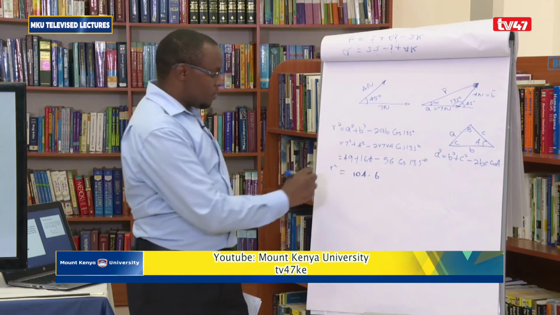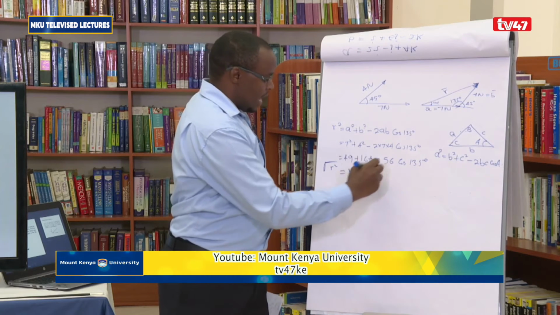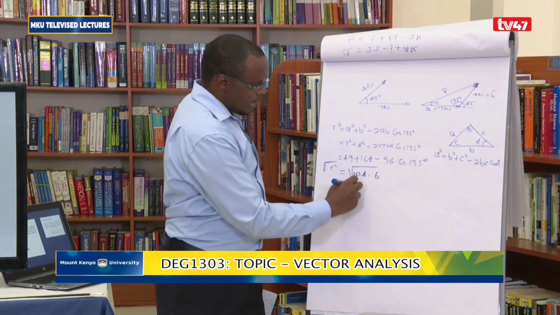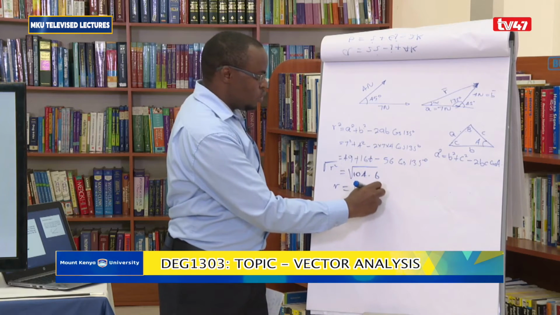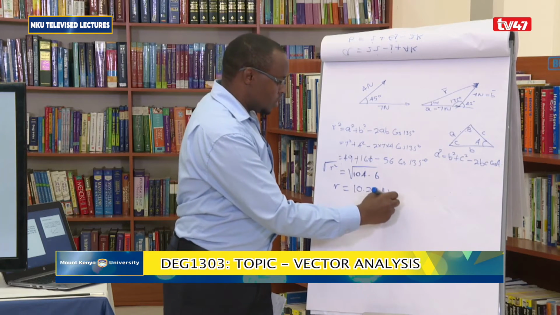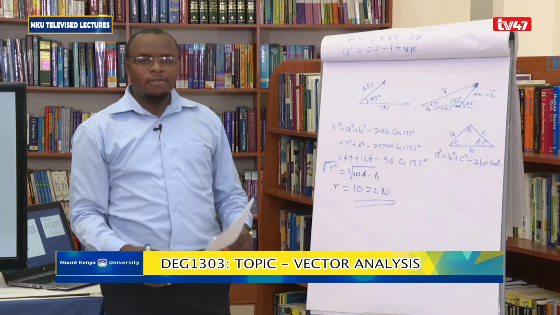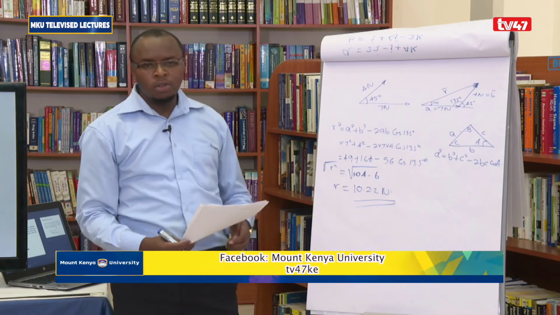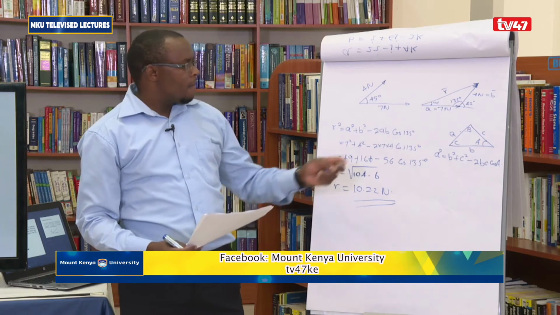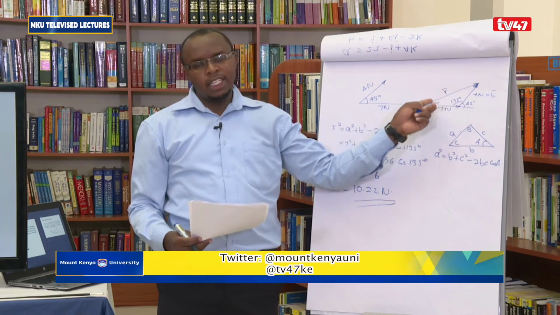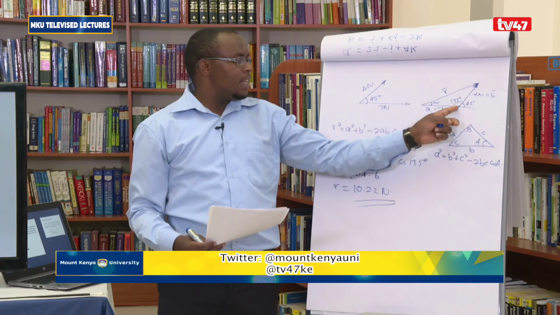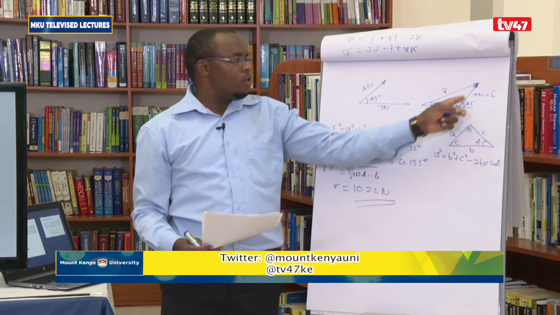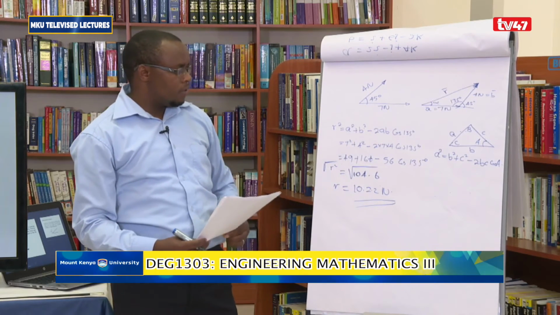And then you get, of course, the square root of that, and our R is going to be around 10.22 newtons. Remember, it is force, and therefore it's in newtons. So 10.22 newtons is the value of this vector, which is the resultant of having the 7 newtons and the 4 newtons at an angle of 45 degrees.